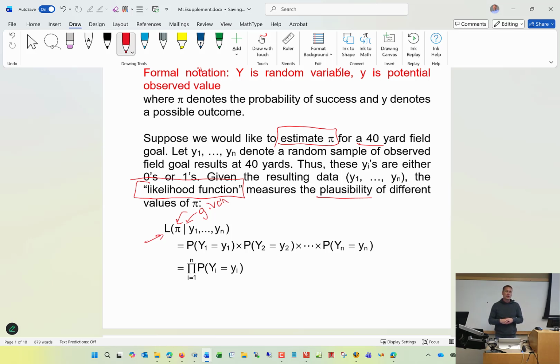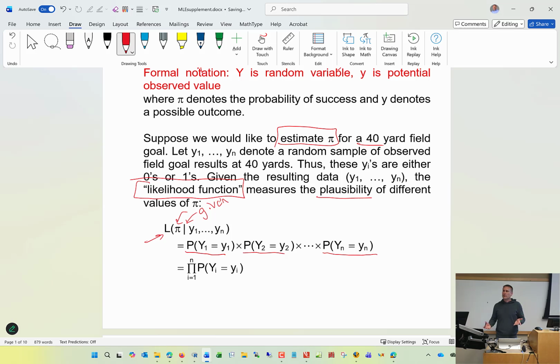The likelihood function of pi given whatever I've observed my data to be. And just to be general here, instead of having 10 observations, I have little n observations. And all that the likelihood function is, is that you write out your probability distribution for each corresponding possible observation that you have.